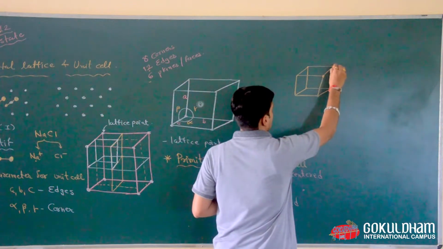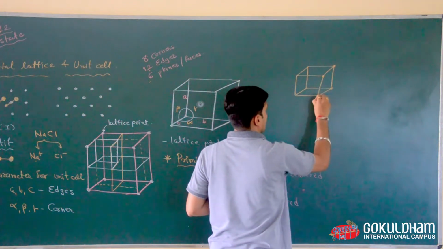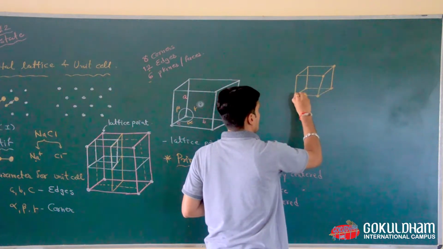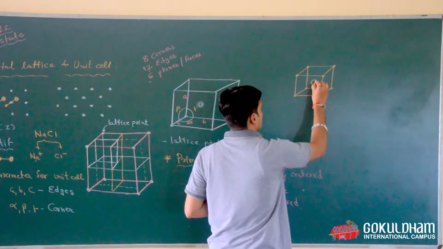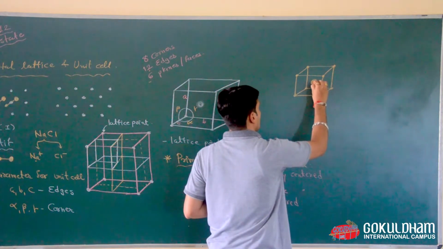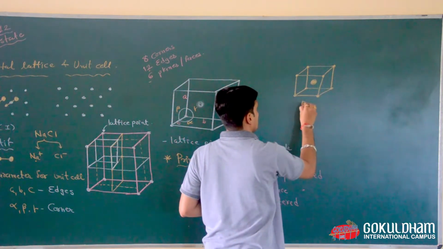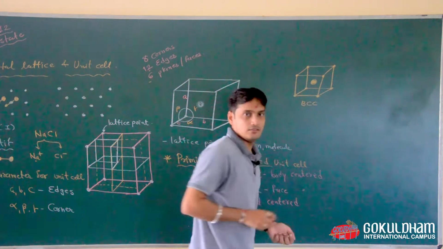These 8 corners as well as one molecule present in the middle of the unit cell. This is called BCC.